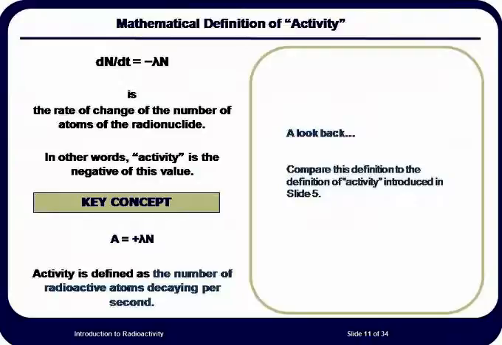Thus, the expression for observed activity is shown in the equation below. Activity equals plus lambda times N, the number of atoms at the time of the observation. This is a positive value as we are counting the number of decays that are occurring.